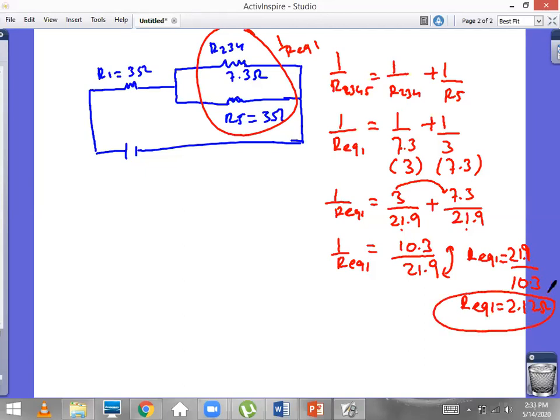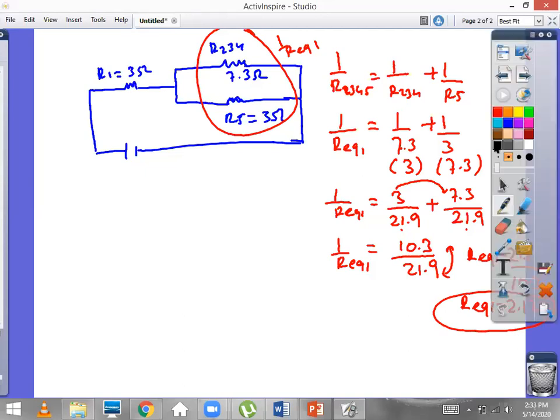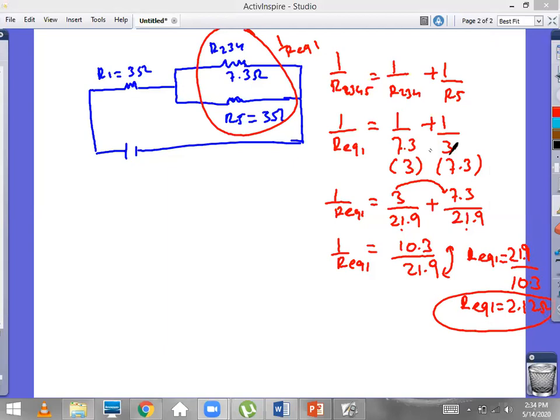Okay, so now we have the last step. Now our circuit is going to turn into a whole series circuit. Okay, so it's going to be like this.